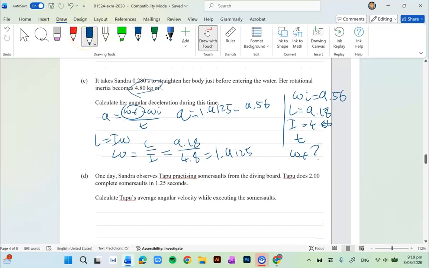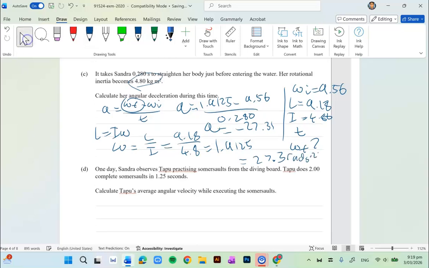So it's just going to be divided by 0.280. So the angular acceleration is going to equal 1.9125 minus 9.56 divided by 0.28. So it's negative 27, and that negative just means it's going the other way, right? So it's going to equal 27.3. Let's just round it to that. Radians per second squared. Cool, next.